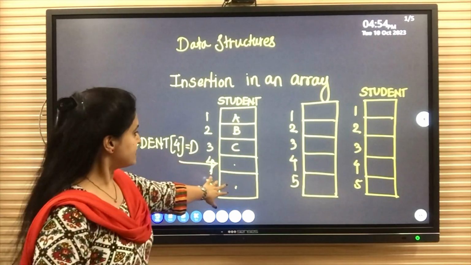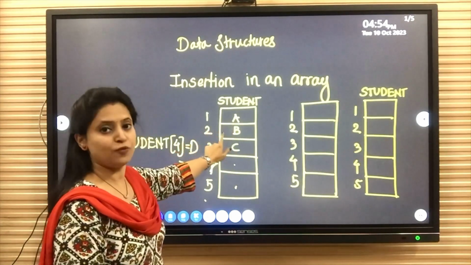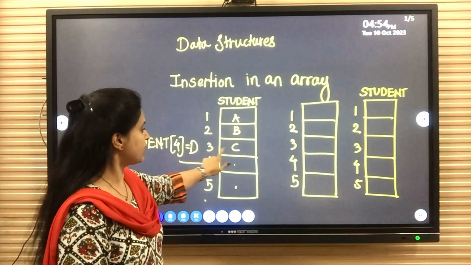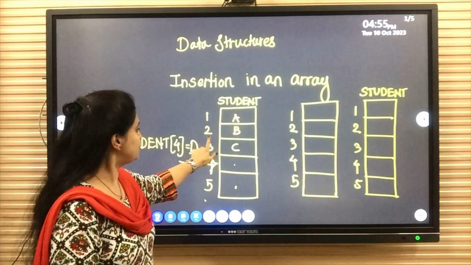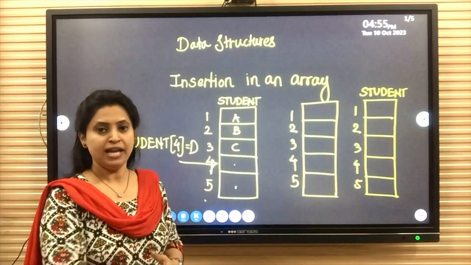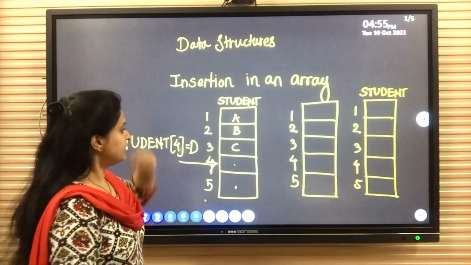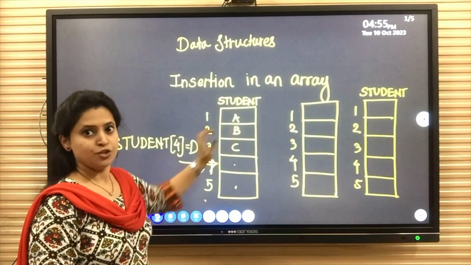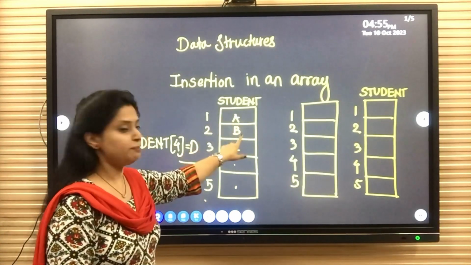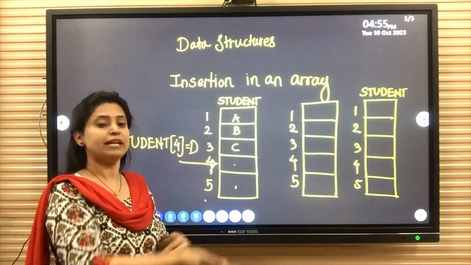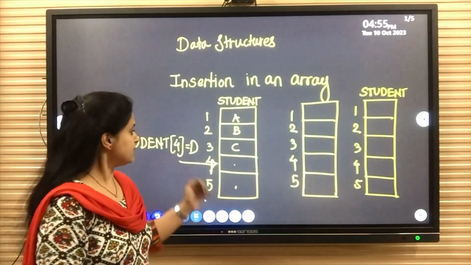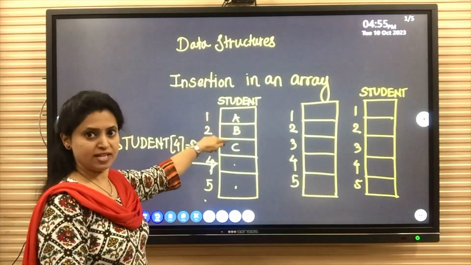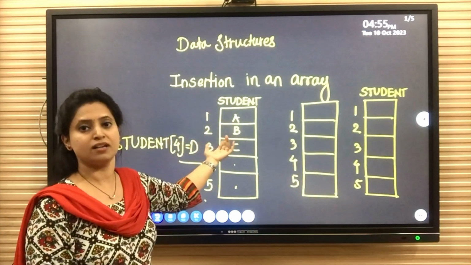But if we want to insert an element at, for example, the 2nd place or the 3rd place, and we directly write student of 2 is equal to suppose D, then what will happen? D will overwrite B. So B will be deleted and that new element D will be inserted over here. So we don't want this. Actually we want to keep the previous element and then insert a new element.